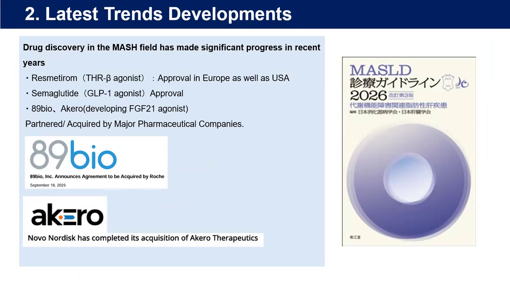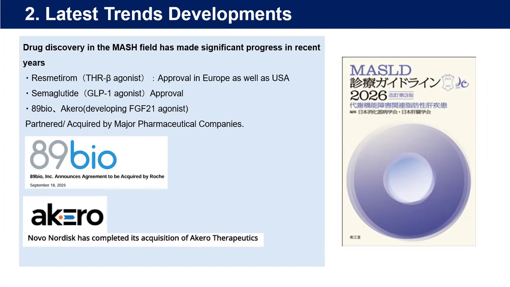In this slide, we'll introduce the latest trends. First and foremost, drug discovery in the MASH field has advanced rapidly over the past few years. As mentioned earlier, thanks to the success of drugs like resmetirom and semaglutide, this field is evolving into a market where drugs have actually succeeded. Within this context, the mechanisms of action are drawing particular interest.